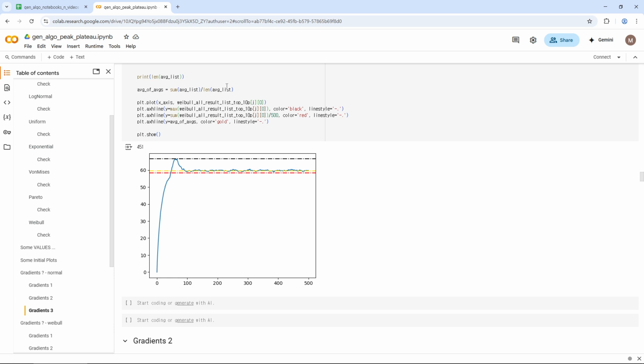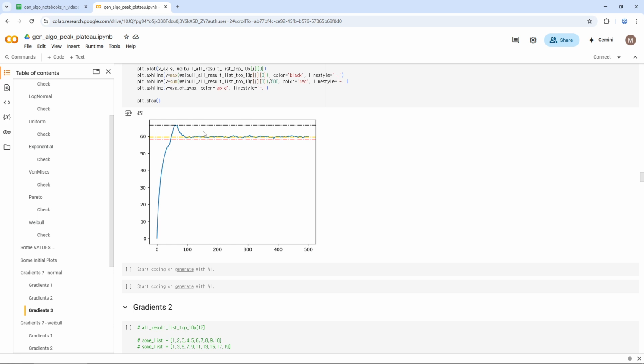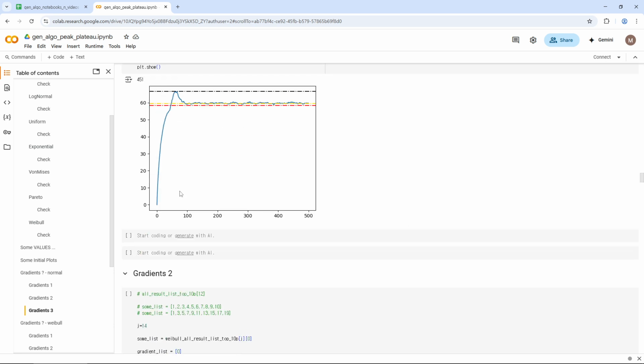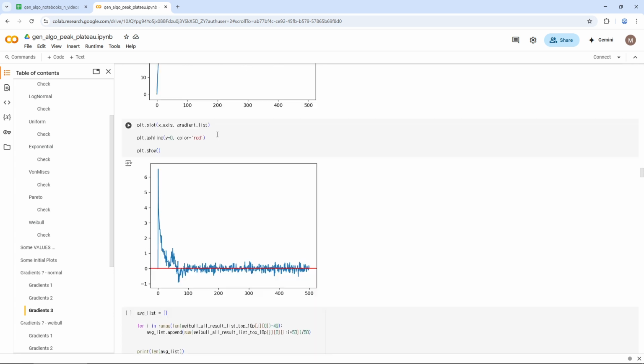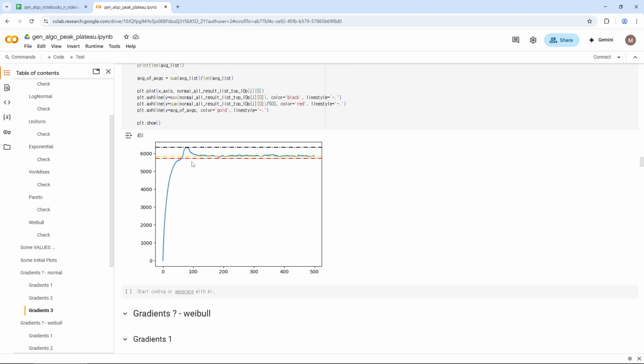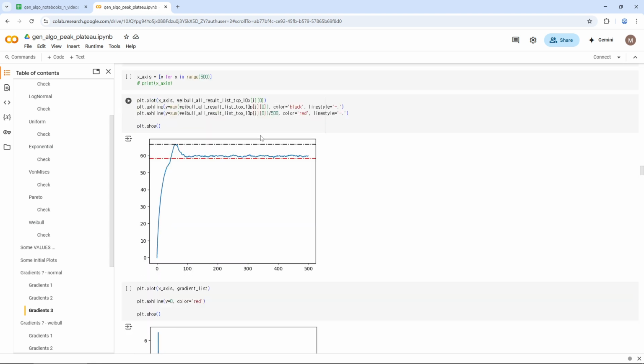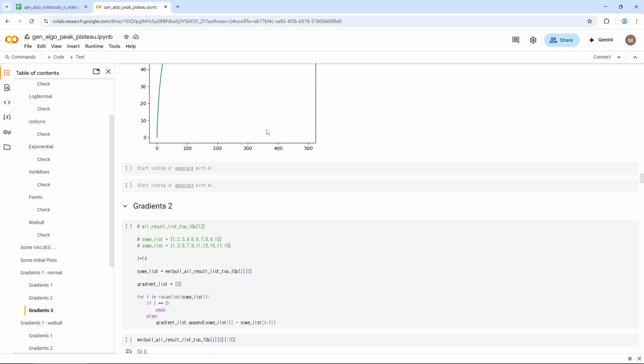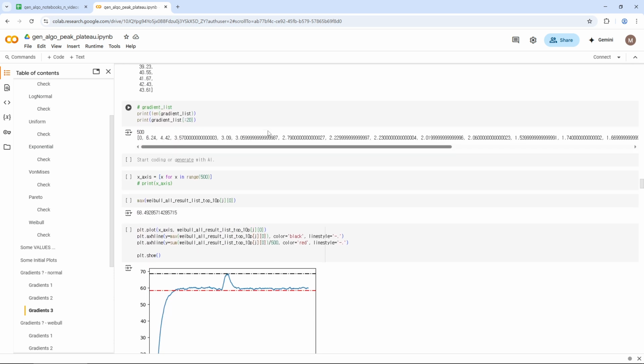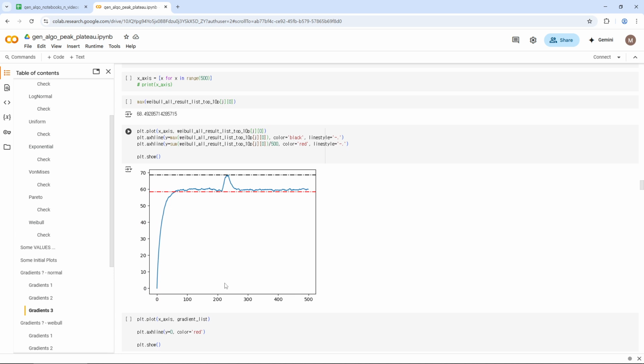We don't really know for sure when this peak will happen. It can happen here after the huge climb, or slightly after the huge climb, as we've seen here, or in some slightly rarer cases, it might happen here after generation 200.